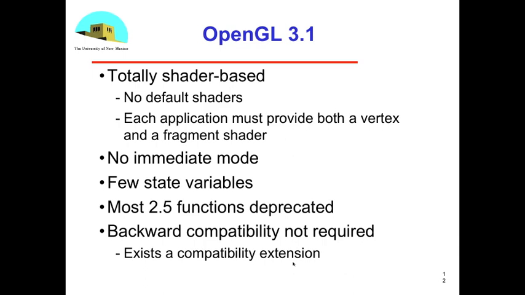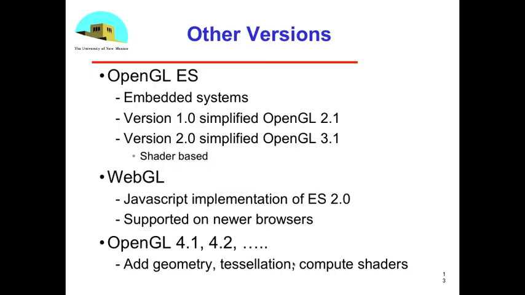In the older versions, there were default shaders, so if you didn't want to write shaders, you had a fixed function pipeline. And now we have to, even if the shaders are trivial, starting with 3.1, you have to provide at least those two shaders. So now let's see how WebGL fits into that, and that'll finish this lecture.